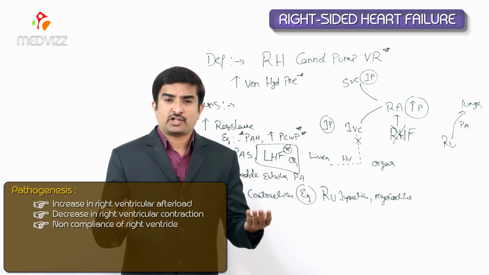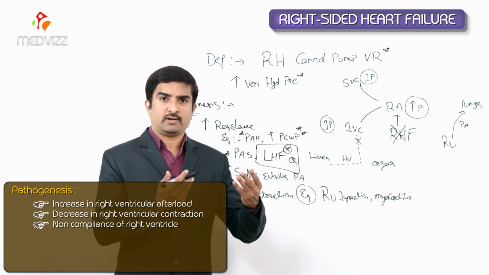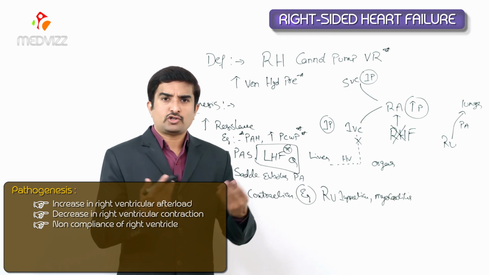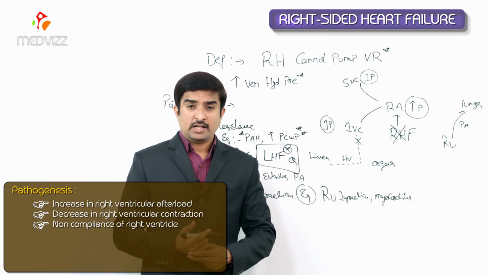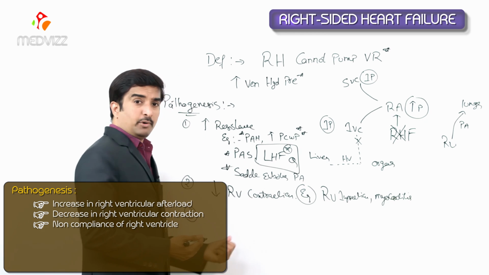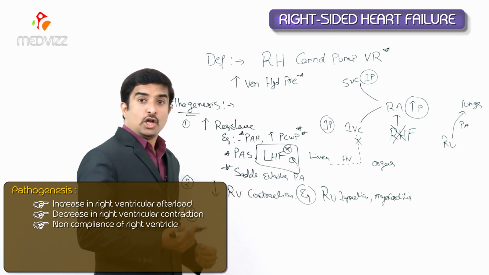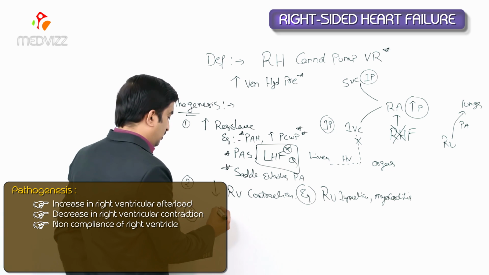If the end diastolic volume is approximately 100 or 90 or 70, automatically the amount of blood ejected from the ventricle will be lower. So that is the reason the third important mechanism explains non-compliance of the right ventricle.